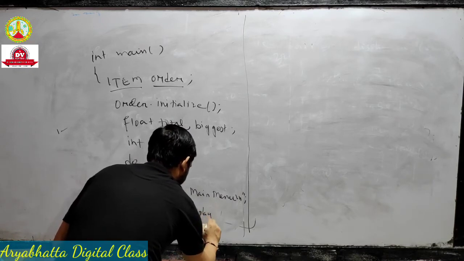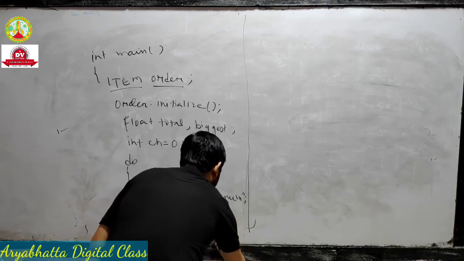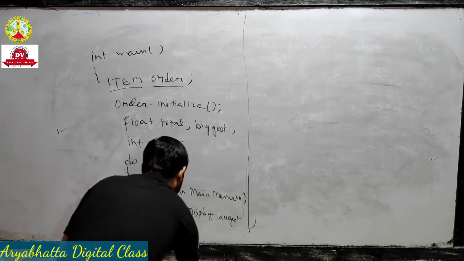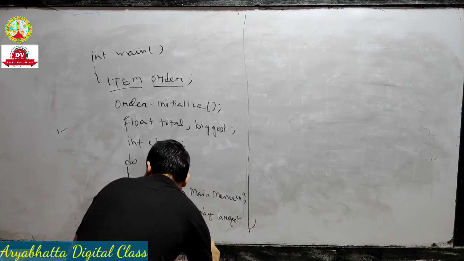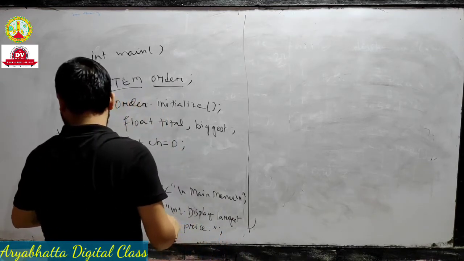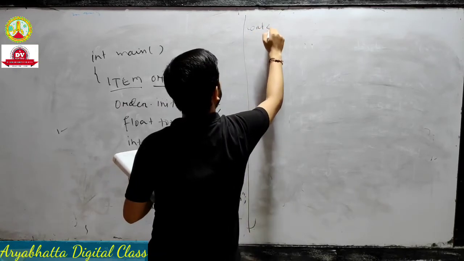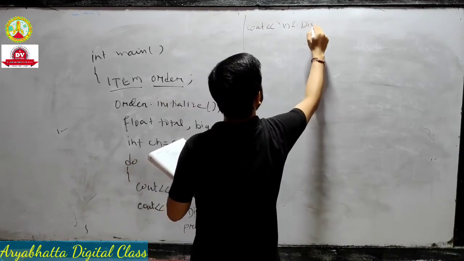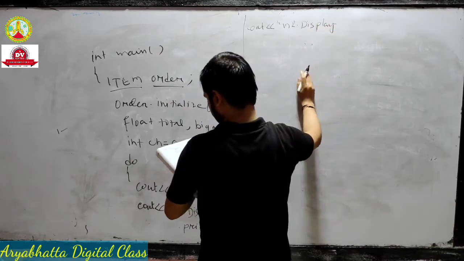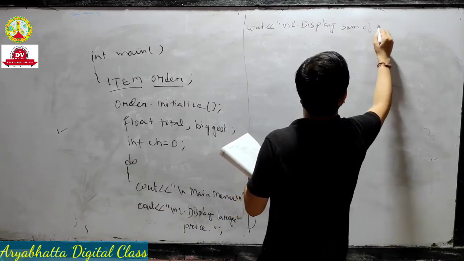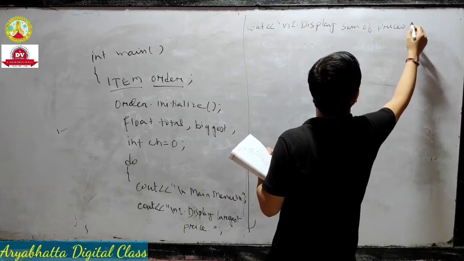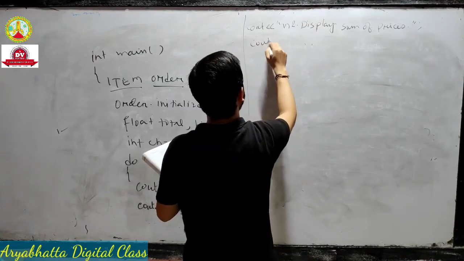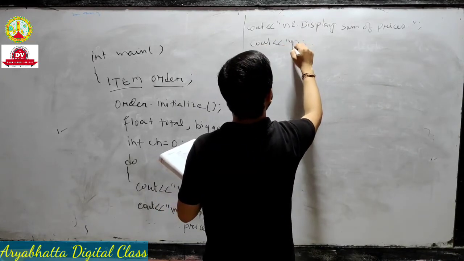Display largest price, next one is display sum of prices, backslash n.